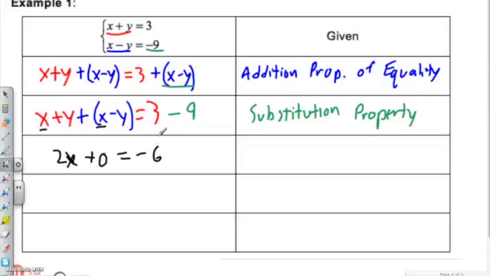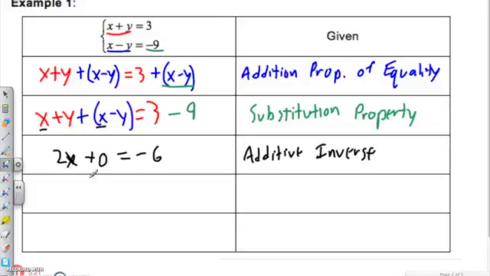Alright, so the thing that allowed us to do that, where we added the y plus the negative y, if you remember back to our properties, was the additive inverse. That tells me if I take a number and I add its opposite, it's going to give me 0.